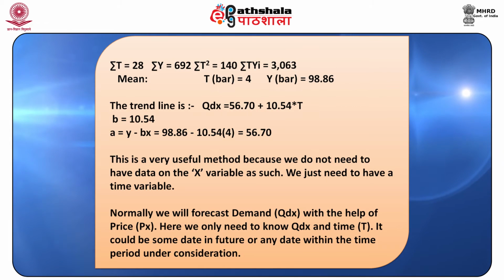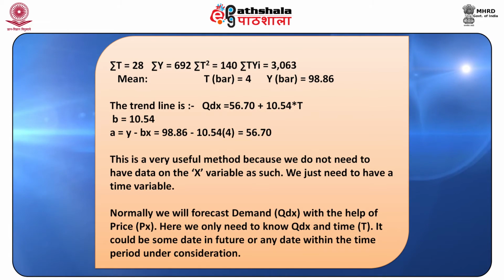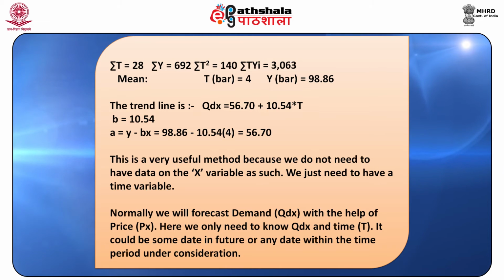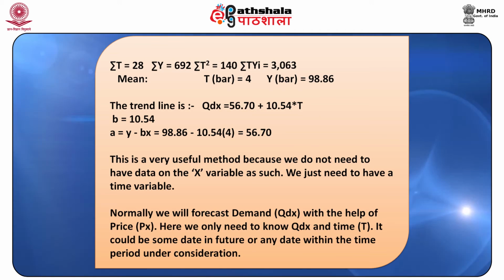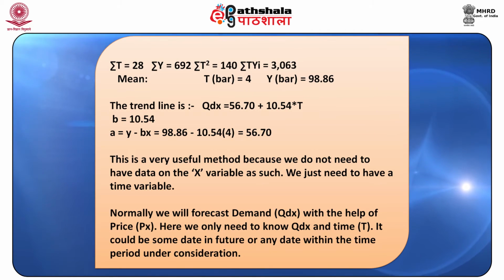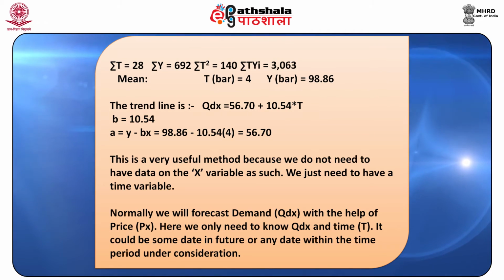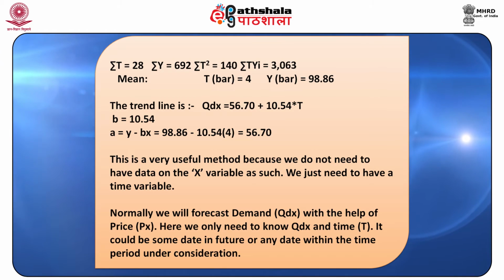This is a very useful method because we do not need to have data on the x variable as such. We just need to have a time variable. Normally, we will forecast demand QDX with the help of price Px. Here, we only need to know QDX and time t.